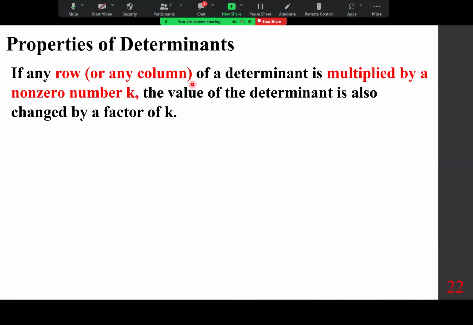If any row or any column of a determinant is multiplied by a non-zero number k, the value of the determinant is also changed by a factor of k. So we said this was 2, as you recall, because 3 times 2 minus 1 times 4 is 2. Now let's multiply this one by some number, for example, k.